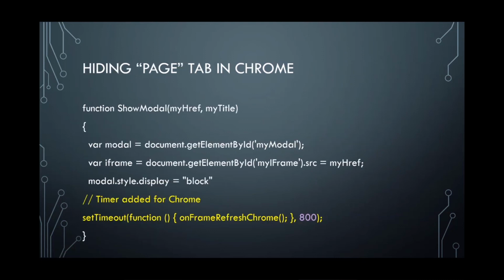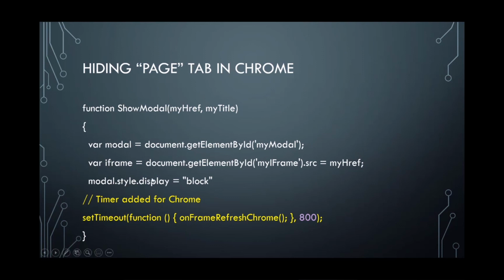Because Chrome specifically was giving me some trouble, I had to add a setTimeout for the refresh. Unfortunately, this didn't work perfectly. If the page loaded for way too long, the page tab would still show up. But I found that 800, which is 800 milliseconds, worked pretty well timing-wise, so that most of the time the page tab would go away.